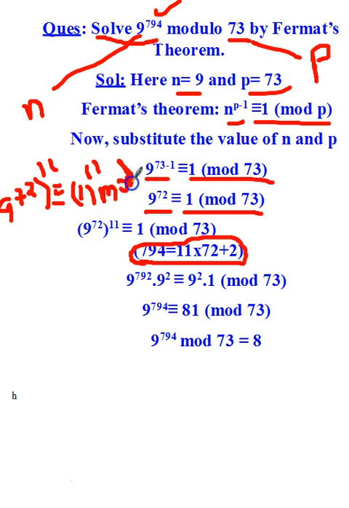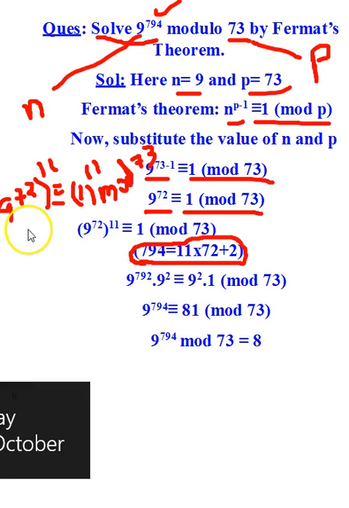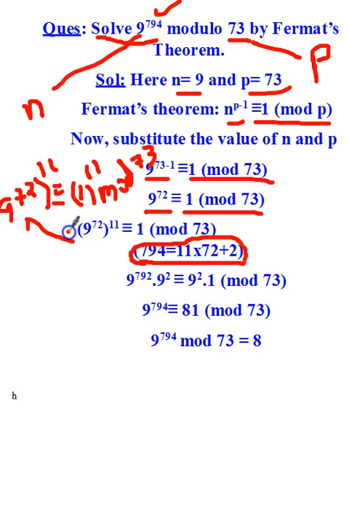Then 1 to the power 11 is nothing but 1. So we write here 9 raised to the power 72 into 11 is equal to 1 mod 73.